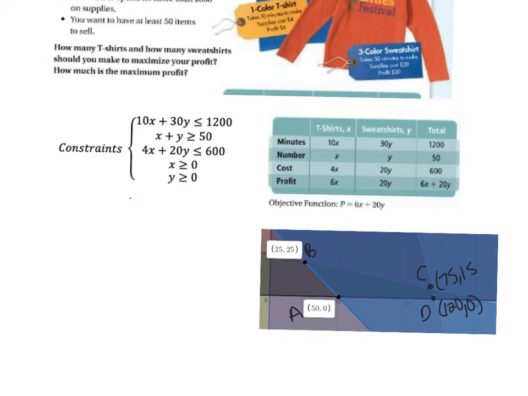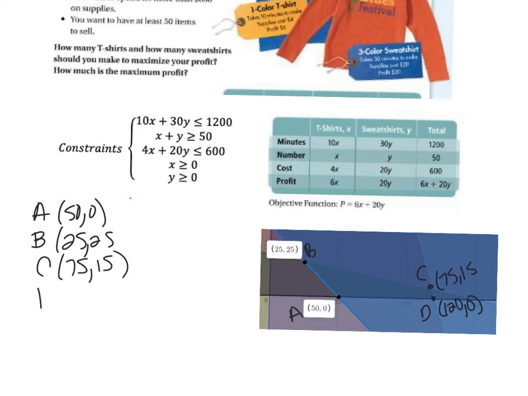All right, let's go ahead and start labeling these points. So A was at 50, 0. B was at 25, 25. C was at 75, 15. And D is at 120, 0. Let's go ahead and plug them in. So remember the objective function is right there.